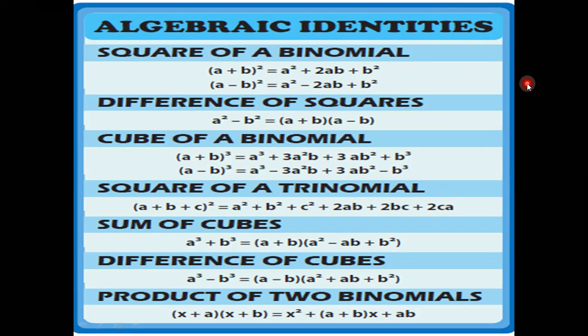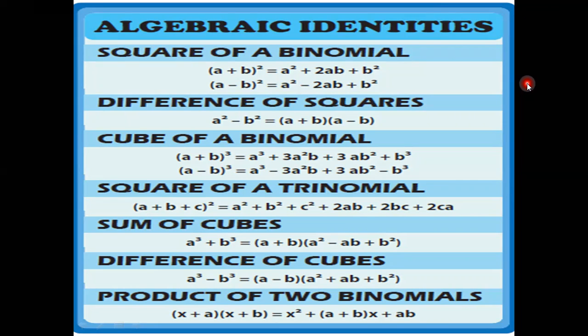We'll also learn in grade 9 how to use the next identity, which is (a plus b plus c) the whole square, which is equal to a square plus b square plus c square plus 2ab plus 2bc plus 2ca.